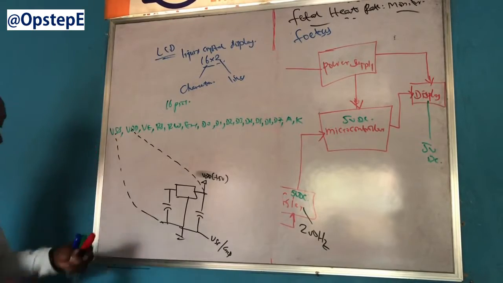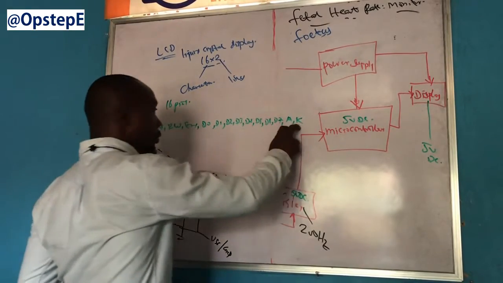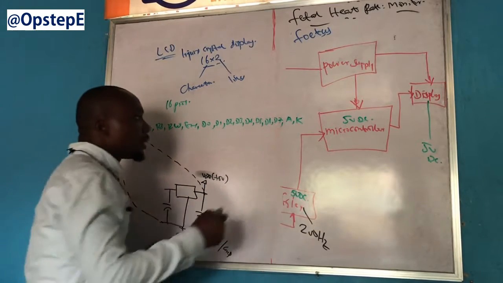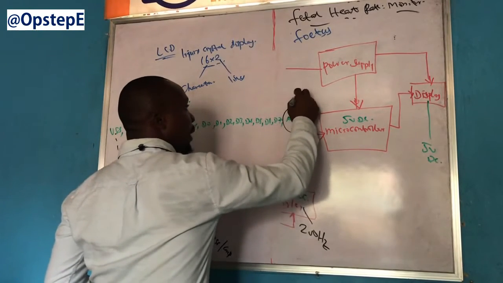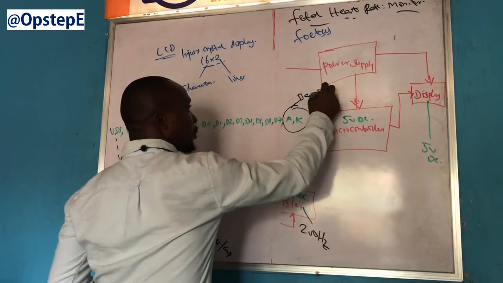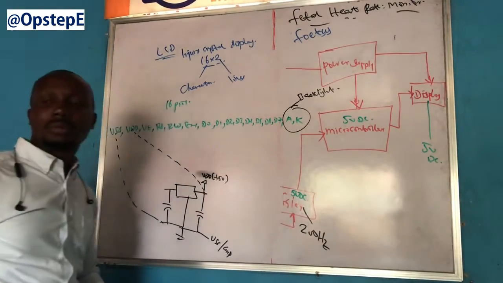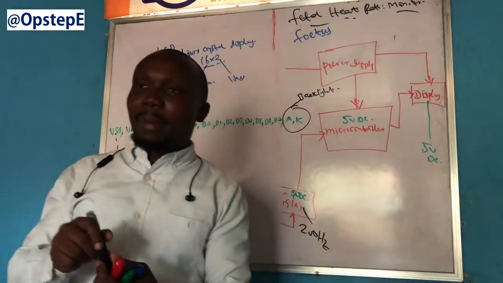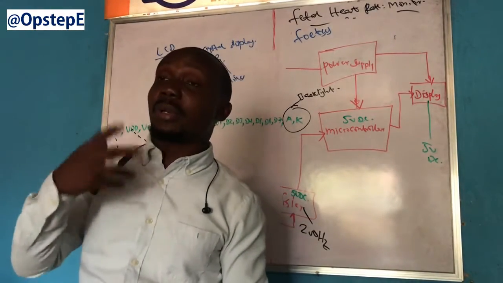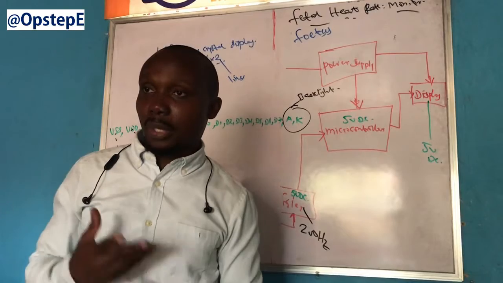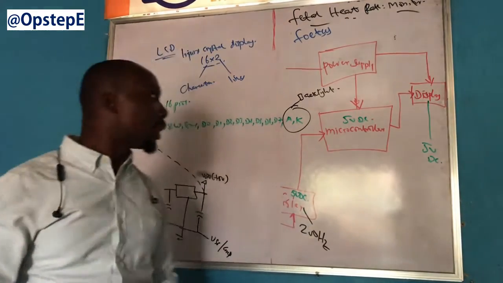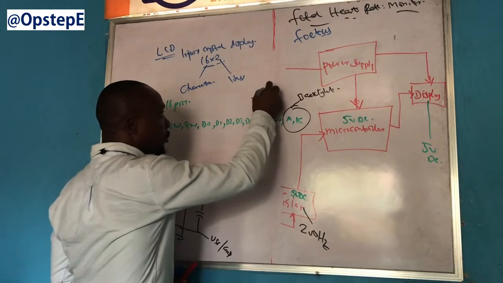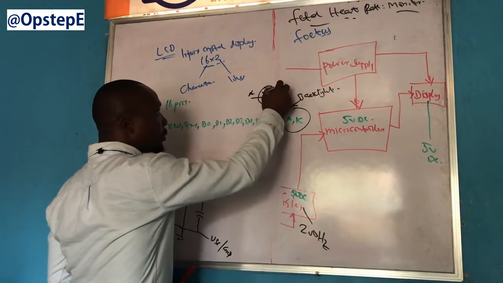Now let me take the last 2 pins before we take the rest of it. These last 2 pins are your backlight. The LCD display has a backlight, and what is behind that backlight is a light emitting diode. A light emitting diode will look this way. This is the anode, this is the cathode.